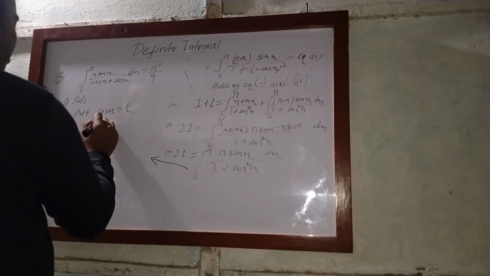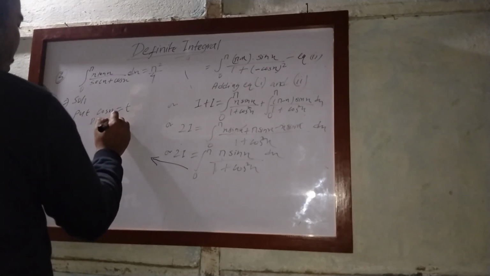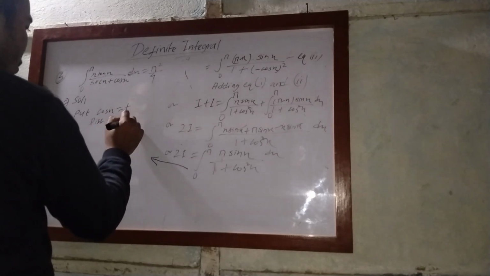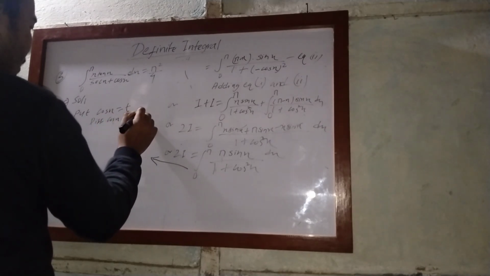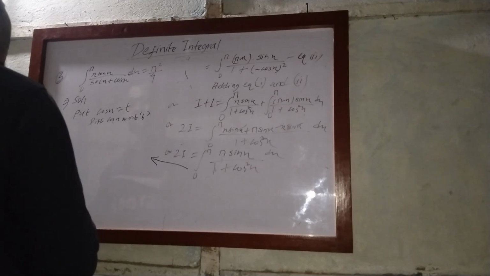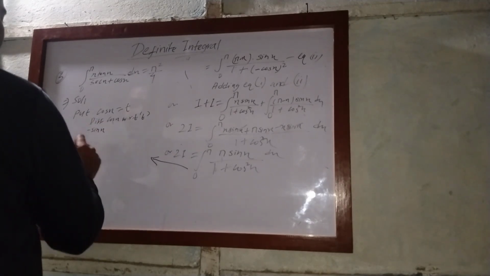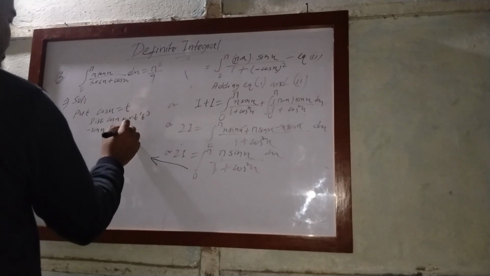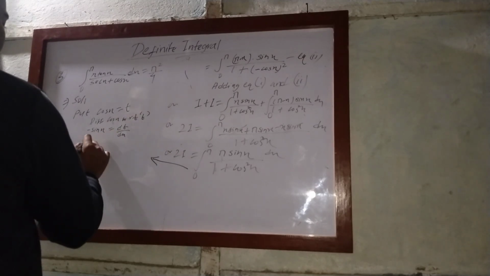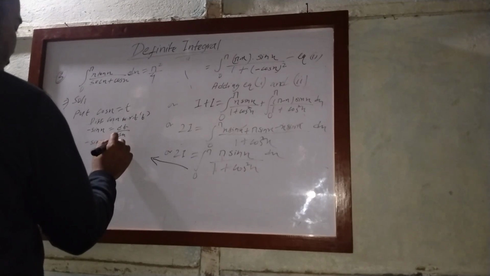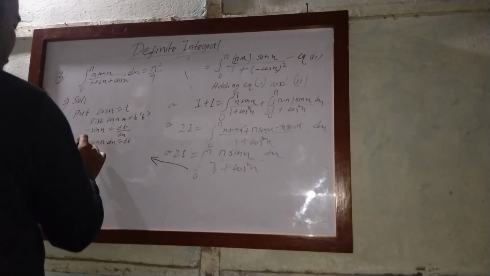So differentiating cos x with respect to t, d of cos x gives minus sin x is equal to dt by dx. That is, minus sin x dx is equal to dt.